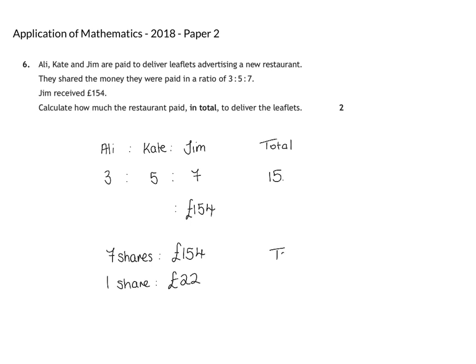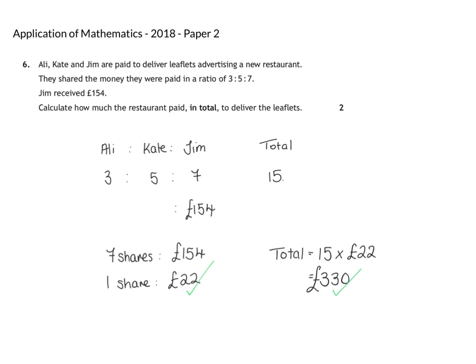So the total amount is going to be equal to 15 lots of £22, which is £330. Right, so marks for question 6. The first mark is for knowing that 1 share is £22, and then the second mark is just for your final answer.